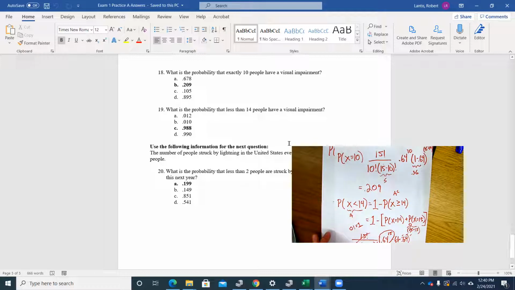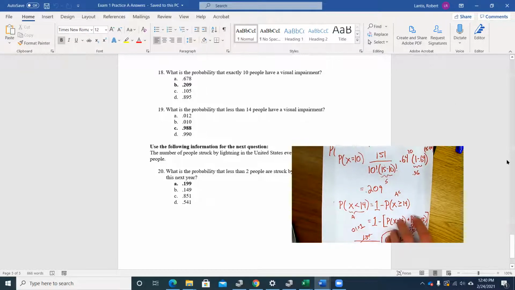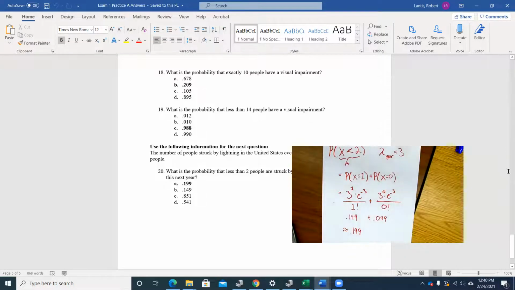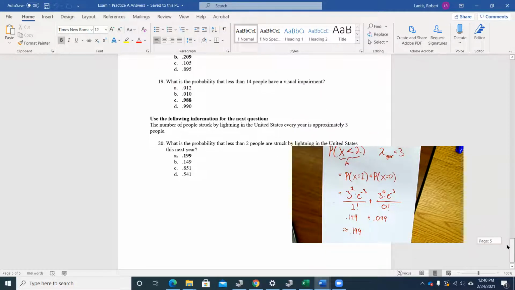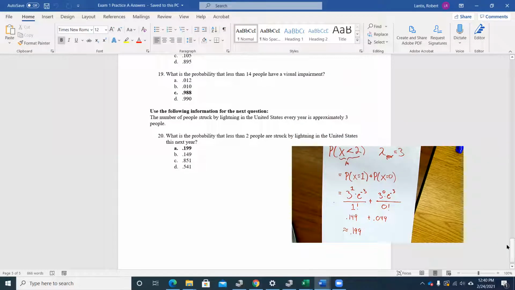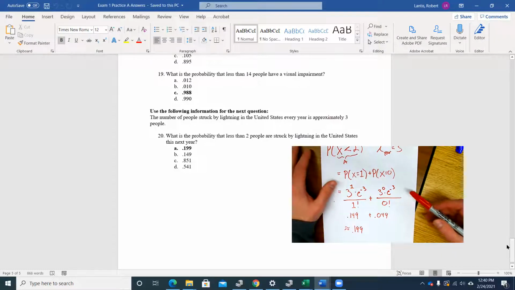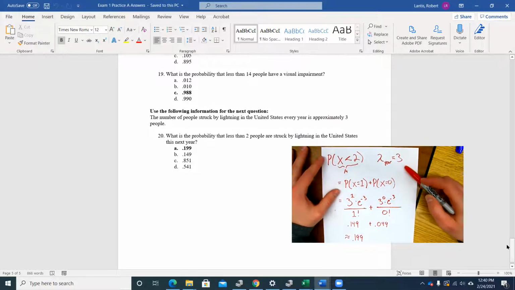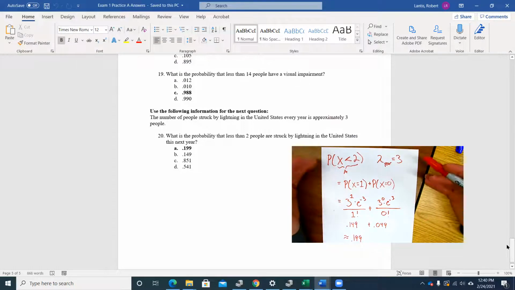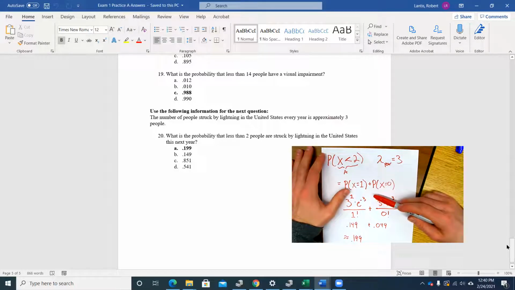Same kind of idea for this one, where we wanted the probability that fewer than 2 people are struck by lightning. Remember, the mean here was 3, so 3 is going to have the highest probability of occurring, and then 2 and 4 are going to be the next most likely outcomes, and then from there maybe 1 and 5.